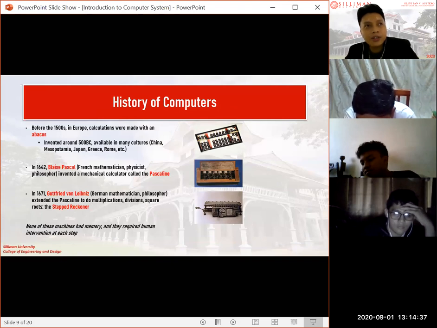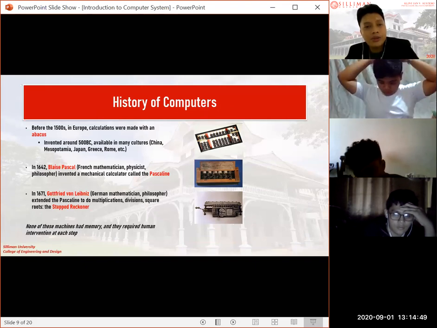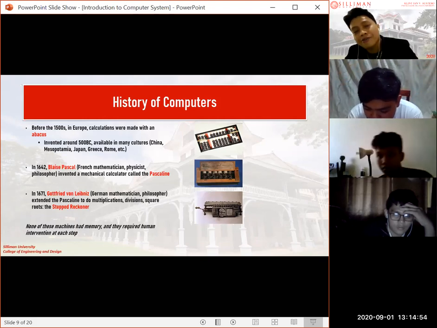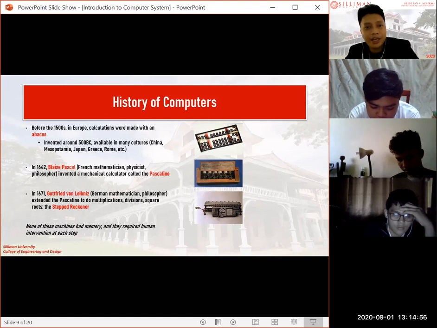Now, if you divide the timeline of computers, you just divide it into two. The first half is the analog era, and the second half is the digital era. That's why we always hear the saying we are living in a digital world.